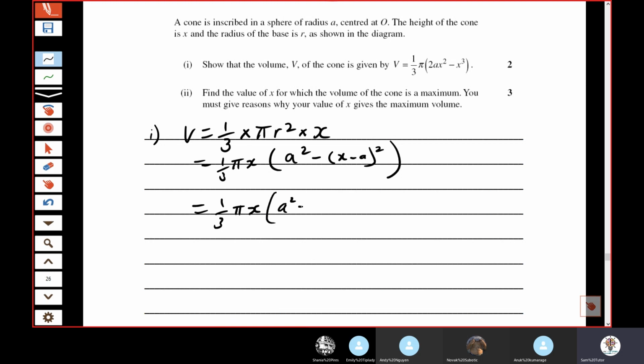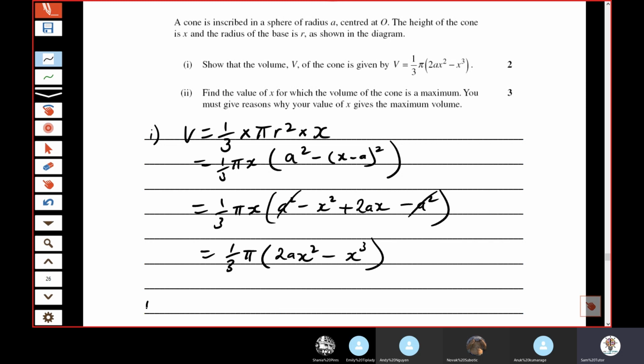And then a squared minus x squared minus 2, so that becomes plus 2, minus a plus a squared, but then that becomes a minus again. This and this cancel. I think we're done. Yep, we're done. Bring the x in, 1/3 pi. I get 2ax squared minus x cubed. Cool.